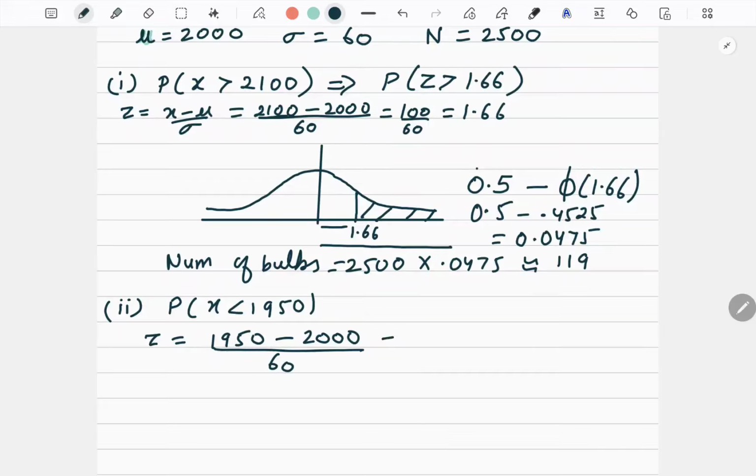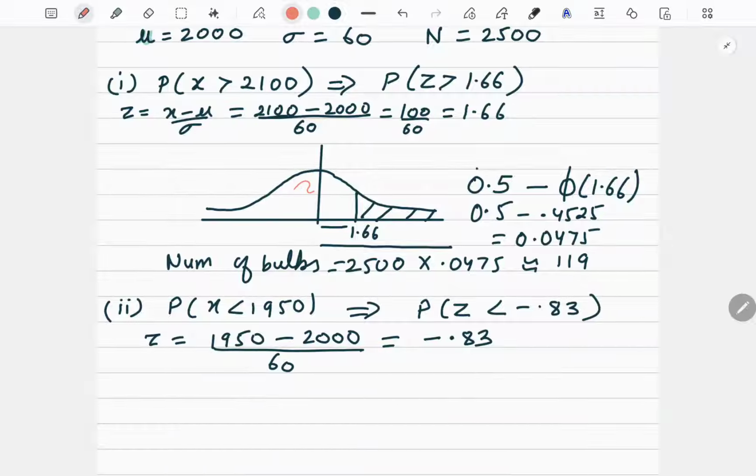So 1950 minus 2000 divided by 60 is equal to minus 0.83. Correct? So I have to find out probability for z less than minus 0.83.